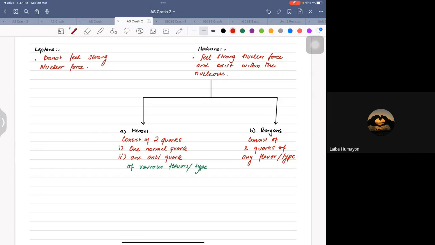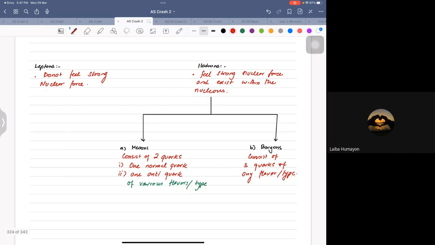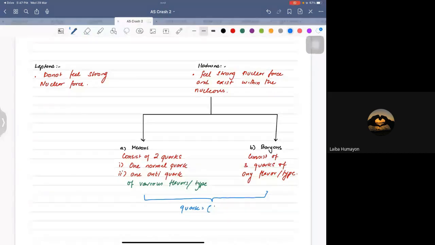So you guys need to remember this. They're going to ask this, all right? So both of them are made from quarks, which are the fundamental particles. I hope you guys understand this.